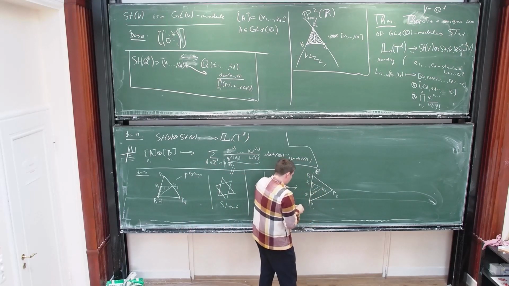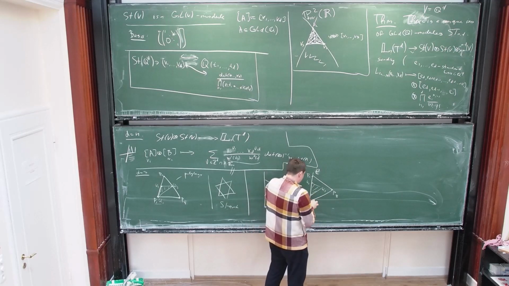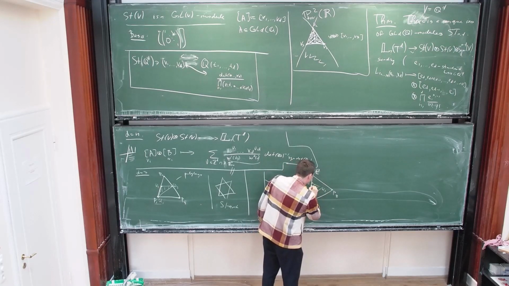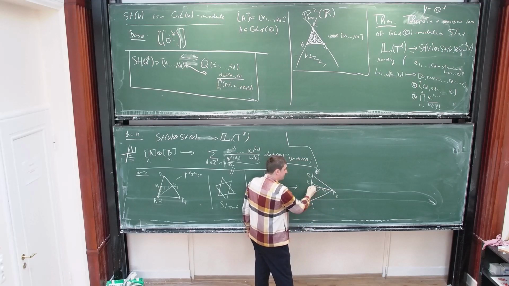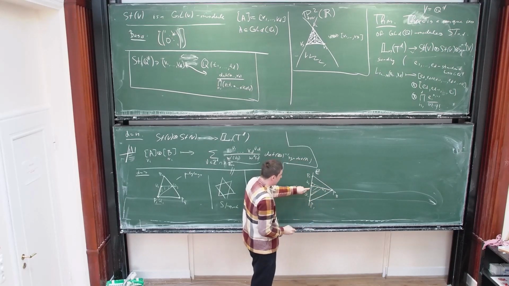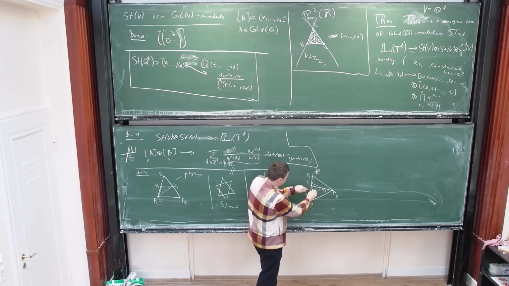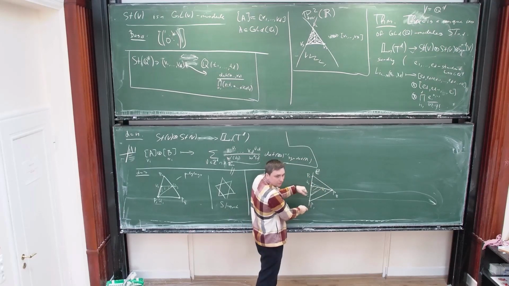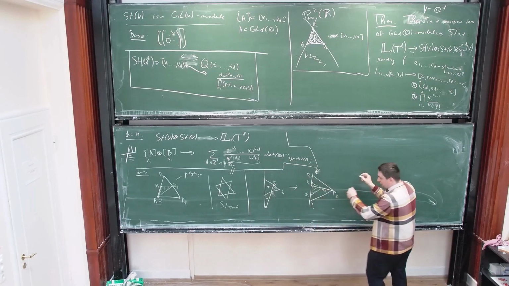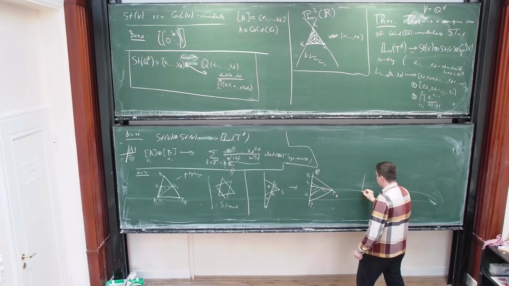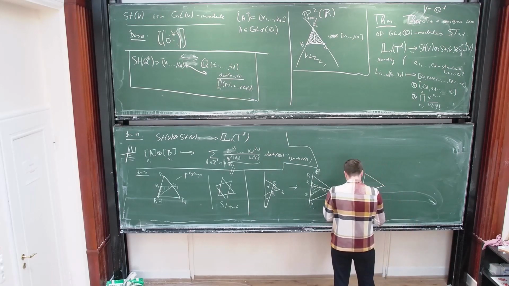And now I have to subdivide one or the other. So I pick a line through these 2 points, and they end up here, and they either split the P triangle or the Q triangle into 2. So I get 2 similar pictures. I'll just worry about one of them. And it looks like this.